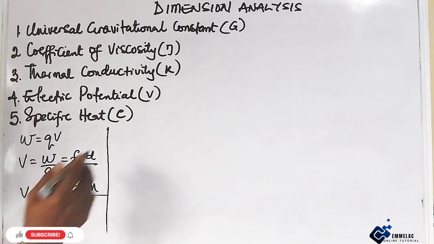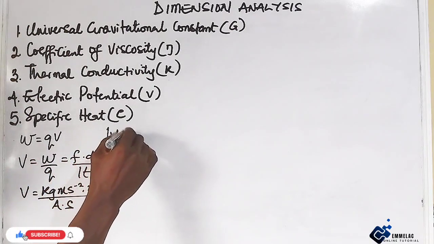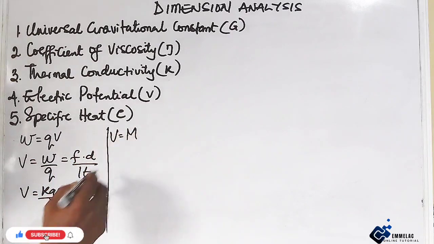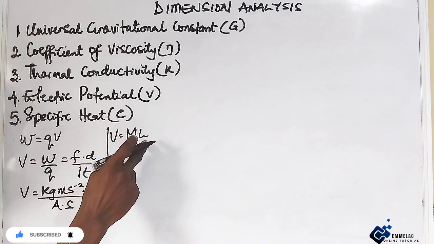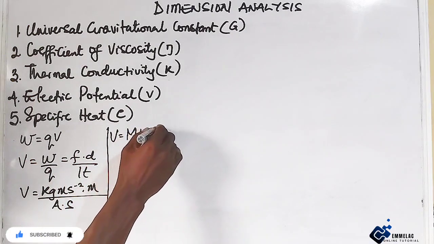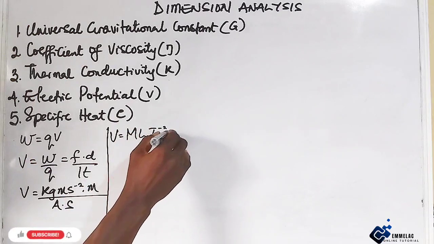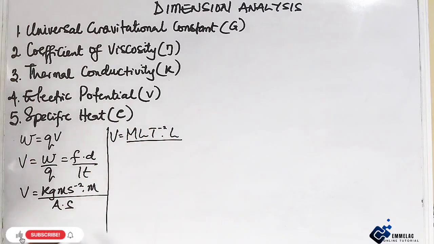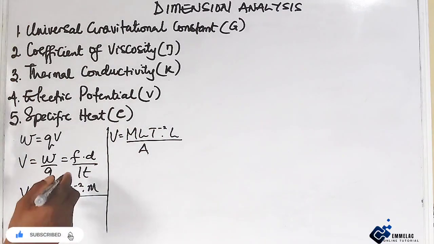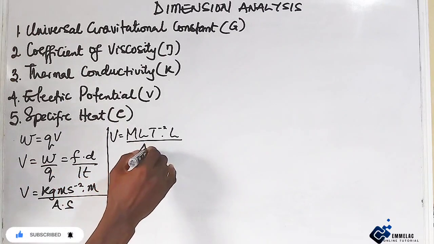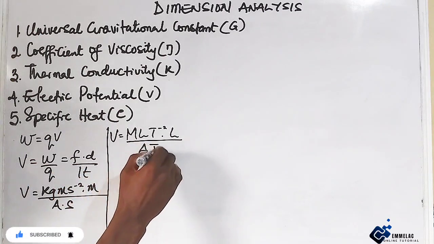So here for kilogram, we have that this is M, the capital mass, then L, the small meter for length, then the time, the seconds for the time, and another length all over. Now the current, which is the ampere, also represented as A, or it can also be represented as I. Then for the seconds it is T.